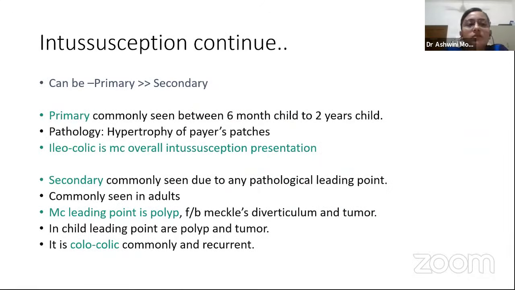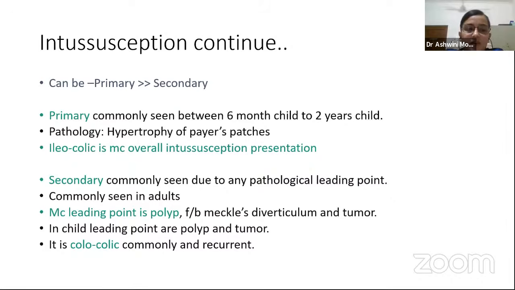So the intussusception can be primary or secondary. Primary intussusception is commonly seen between 6 months to 2 years of age. Pathophysiology most commonly is due to hypertrophy of Peyer's patches in the ileum. So ileocolic is the most common overall presentation. Secondary, as the name itself suggests, is when intussusception occurs due to any secondary leading point.